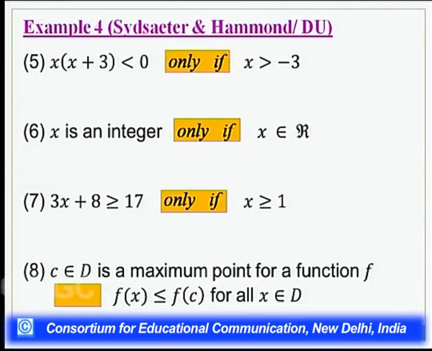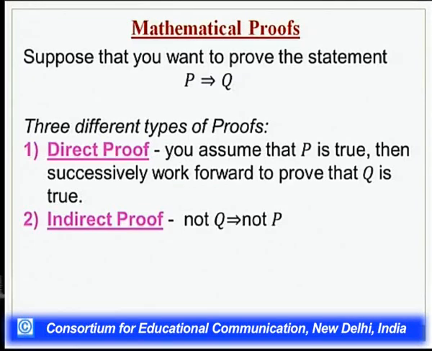Then these two statements will be equivalent, because as long as f of x is less than or equal to f of c, c is a maximum point in that set D, and therefore here we will enter if and only if in our blank.